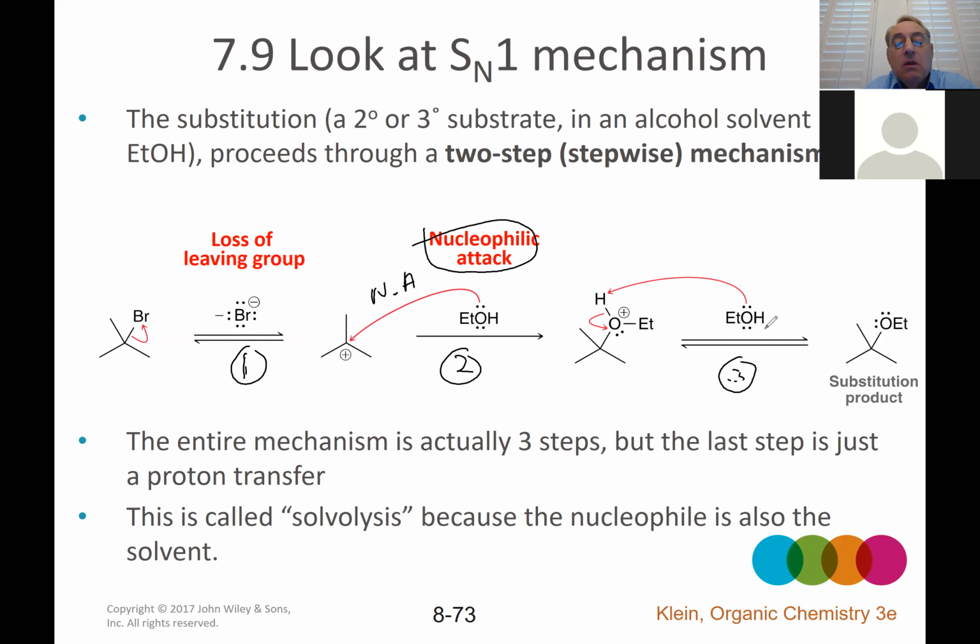But the key steps are the loss of the leaving group and the nucleophilic attack. Now, when the nucleophile is the solvent, which it is here, not an anion, the reaction is called a solvolysis.